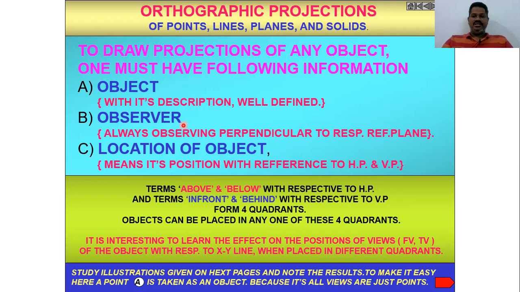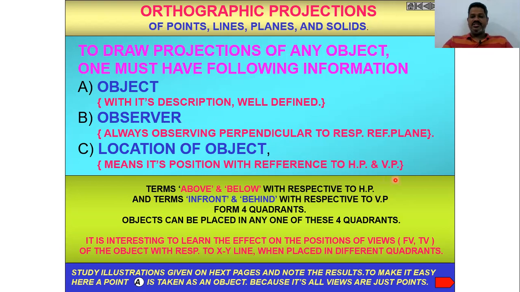This is one more assumption that we need to consider while drawing the orthographic projections. Then the location of the object is very important.